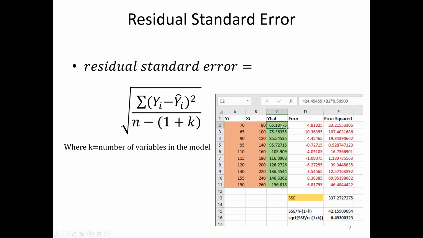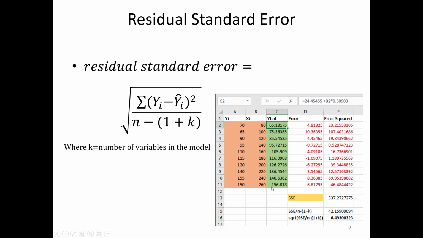Y hat, as you can see in the equation up here, is the predicted values of y using our x and y values. So y hat equals the intercept plus this b2, or the x times the slope coefficient.